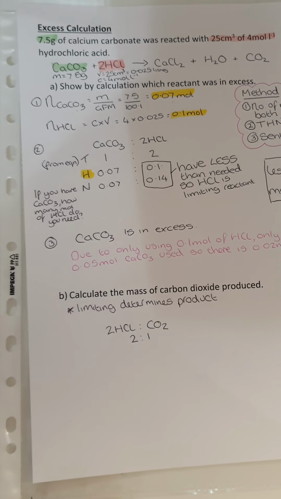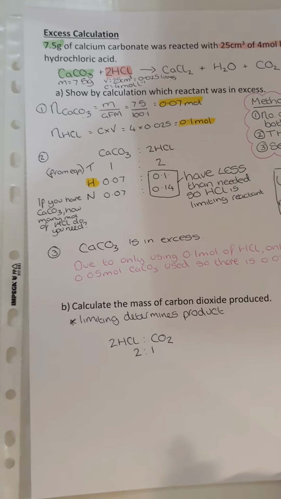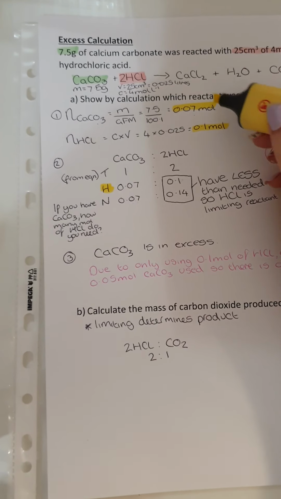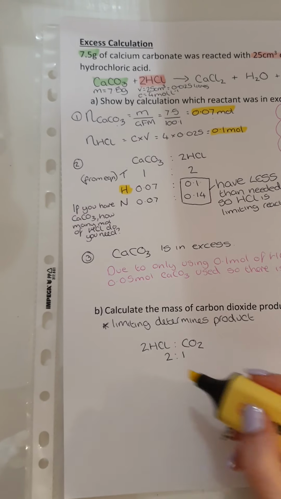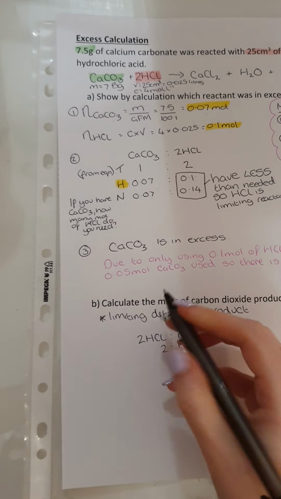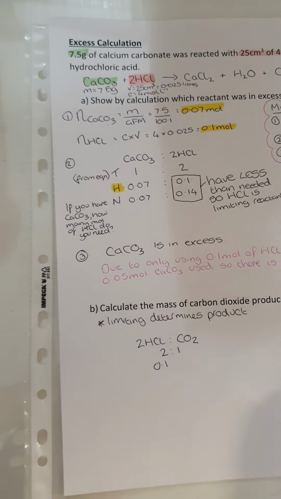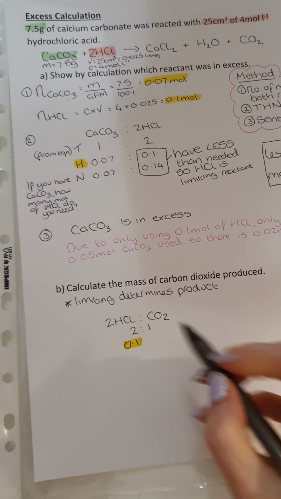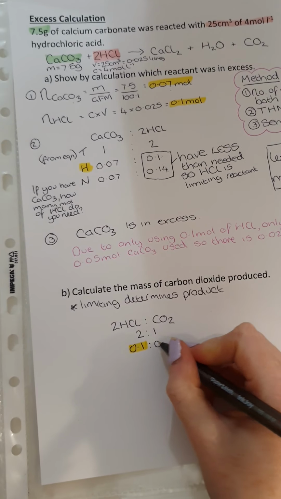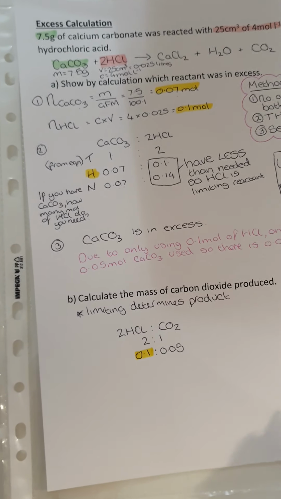Now this part comes from your have section. So the yellow up here, we had 0.1 mole of HCl. So that gets rewritten down here. It's your have value. So 2-to-1, so that would be 0.05 moles.